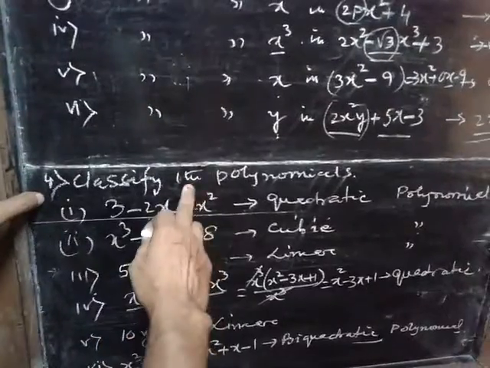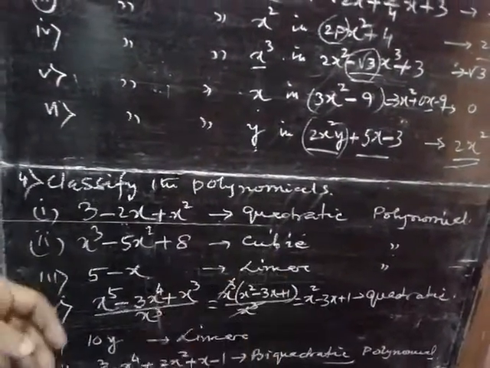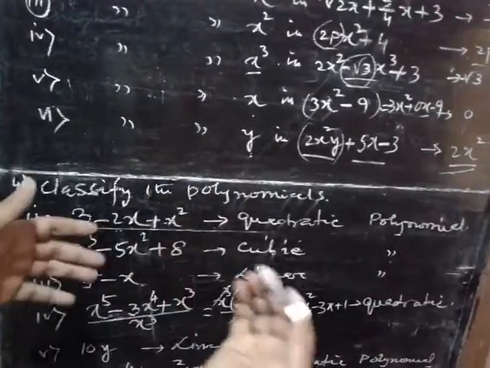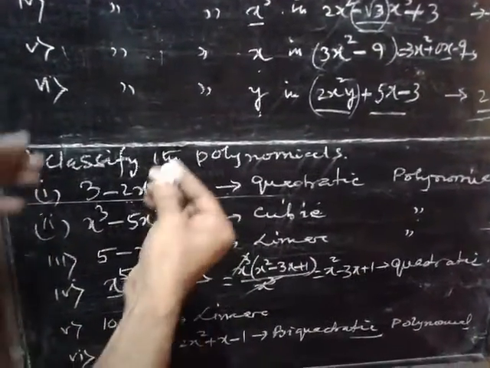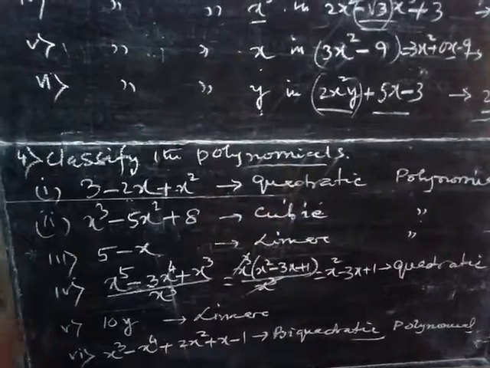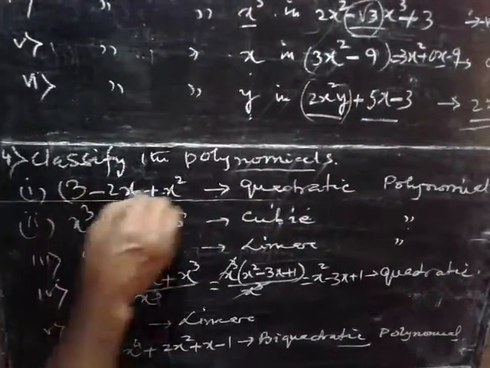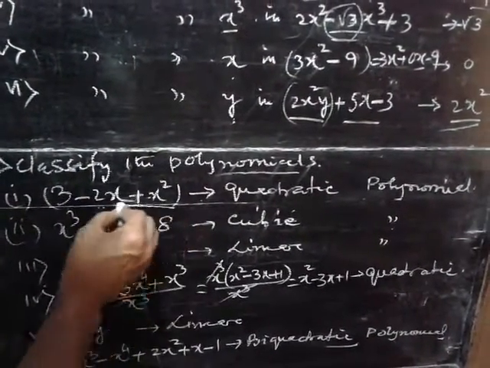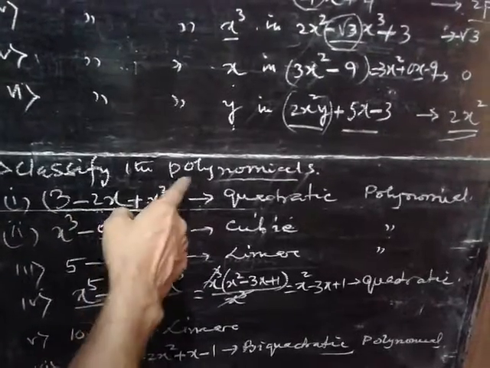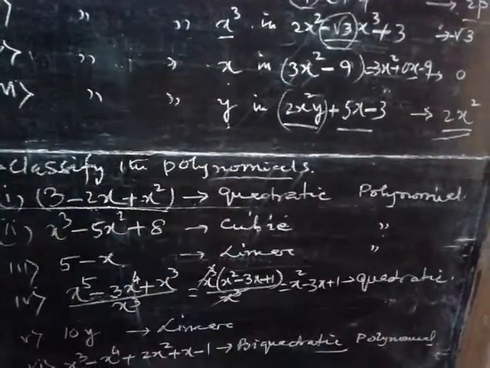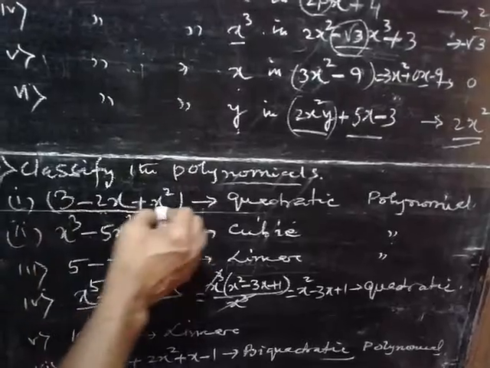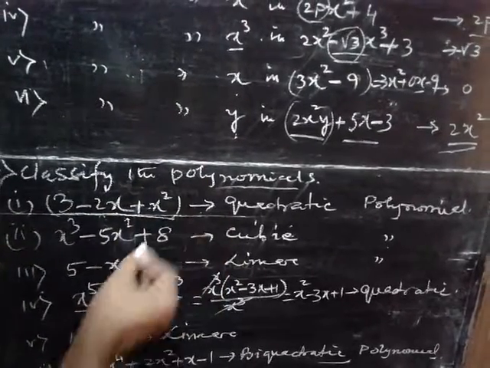Now, classify the polynomials. What does it mean? As per the degree, you can classify polynomials. Suppose in this polynomial, all these must be polynomials, because we are classifying the polynomials. So what type of polynomial is this one?